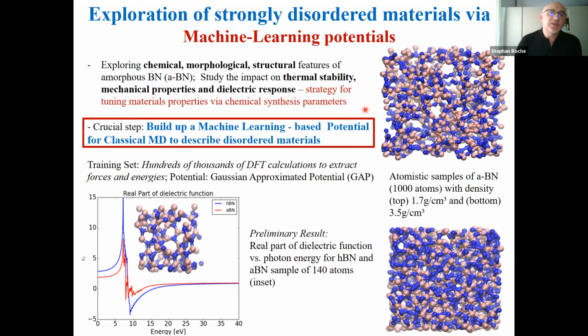For doing that, we have developed a machine learning based approach, which can use a training set based on thousands of DFT calculations to extract force and energy, and so to extrapolate what will be the interaction between atoms depending on their local environment. So these are typical samples that we generate with this machine learning based potential with different resulting densities of the structure. And we have also started to investigate the dielectric function of this material.